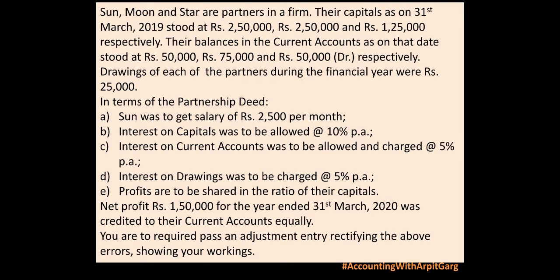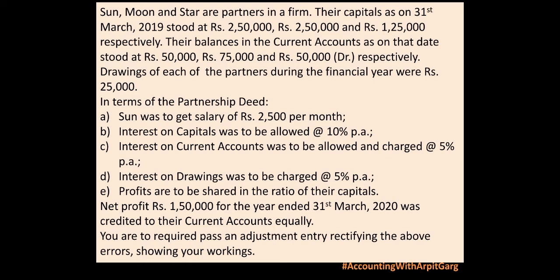Their balances in the current accounts as on that date stood at rupees 50,000, rupees 75,000, and rupees 50,000 debit respectively. Drawings of each partner during the financial year were rupees 25,000. In terms of the partnership deed, Sun was to get a salary of rupees 2,500 per month.